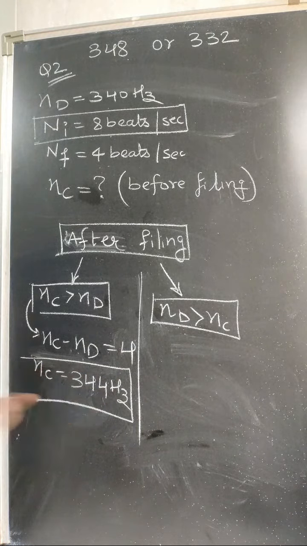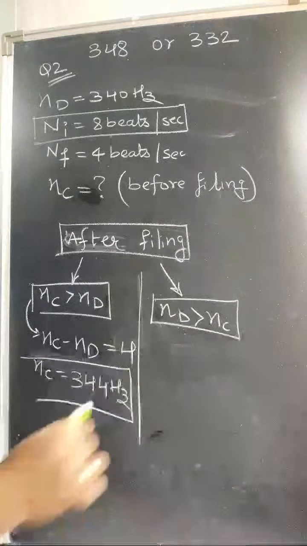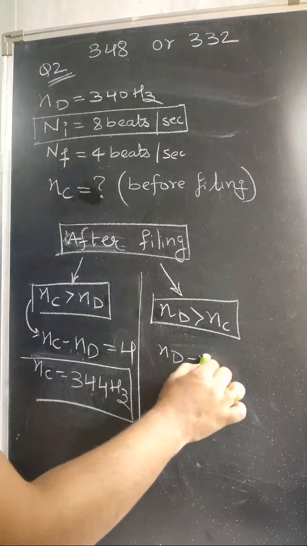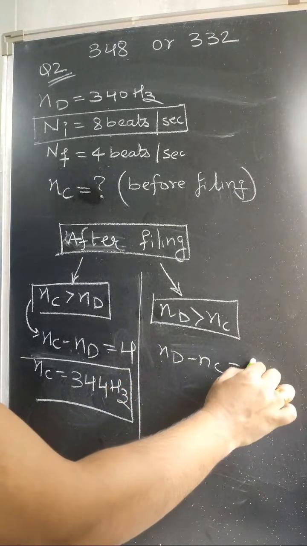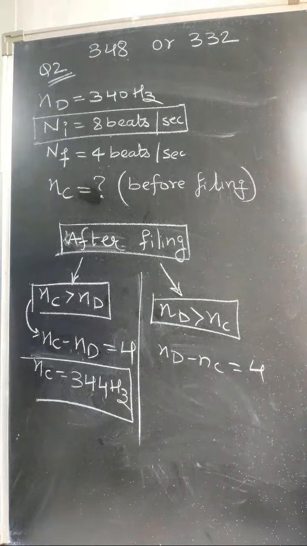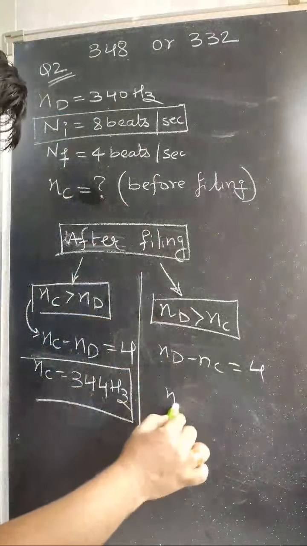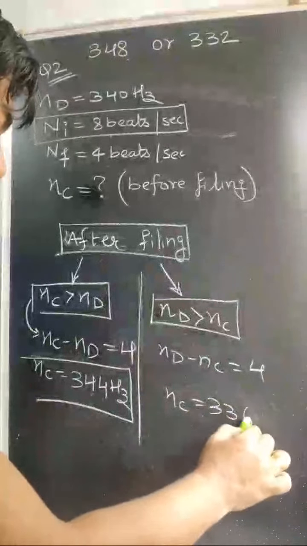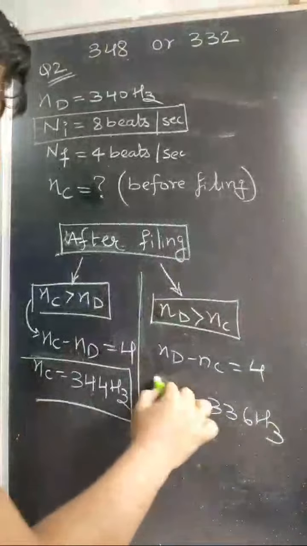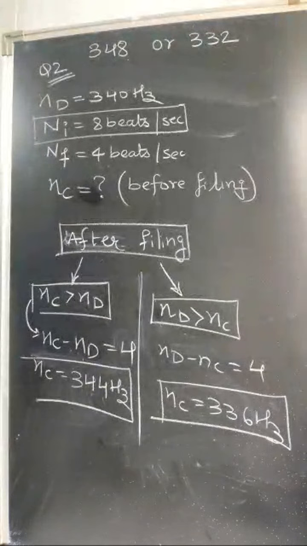And here we will say ND minus NC is 4. ND value is 340. So if you substitute, you should get NC as 336 Hertz.